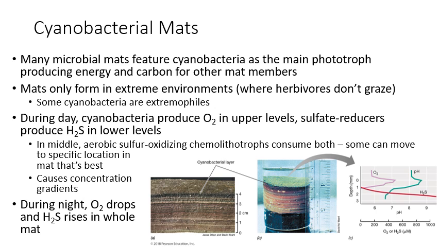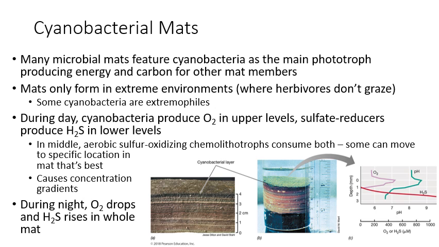Then typically in the lower levels of these mats, you would have sulfate-reducing bacteria that are taking sulfate, which would be present at a lot of hot springs, and reducing it, using it as a final electron acceptor for anaerobic respiration, and reducing it to hydrogen sulfide. So you have oxygen being produced at the top and hydrogen sulfide being produced at the bottom of the mat during the day.